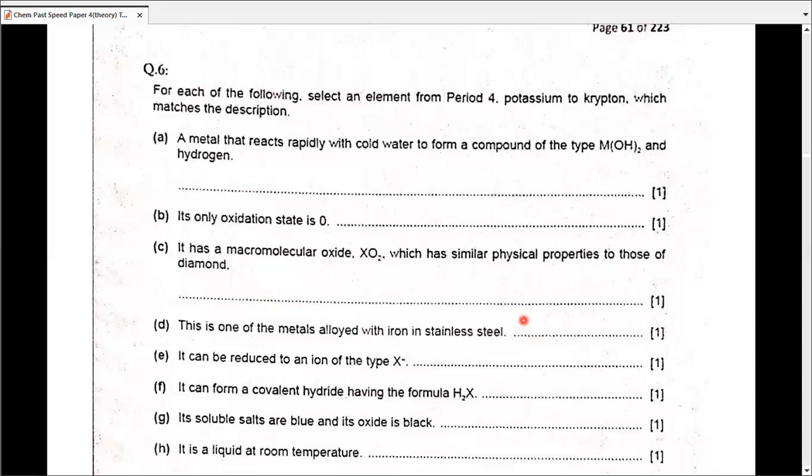Potassium. Potassium will form MOH, not MOH twice. In order to form MOH twice, it has to be an element from group 2. If we have calcium, if we have 2 coming over, this must be it. It must be 2 plus. And 2 plus, yeah, calcium. Now you're right.